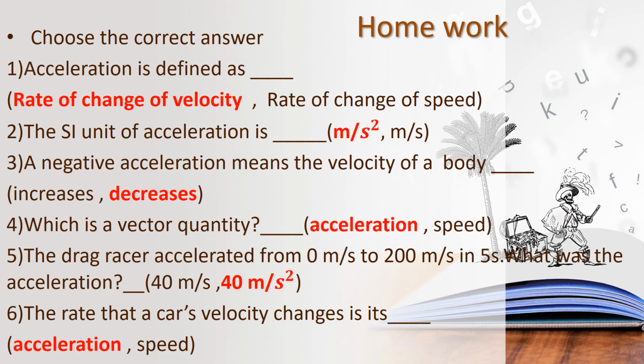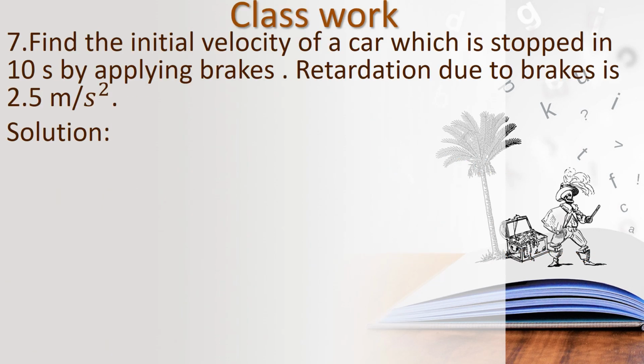Children, already we have written 6 problem questions in your notebook. This is the 7th one. Read the question. Find the initial velocity of a car which is stopped in 10 seconds by applying brakes. The car is stopped, so the final velocity v equal to 0.